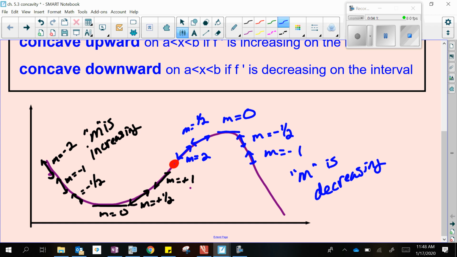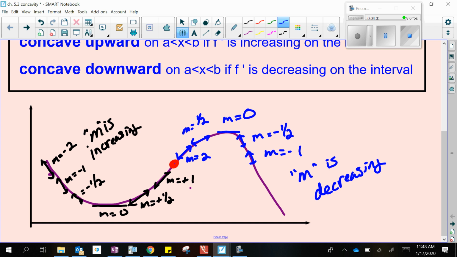So this red point that I pointed out is actually where concavity is changing, where the function is going from concave up to concave down, right? The function itself at this red point didn't stop increasing or decreasing, but the concavity of the function did, okay?